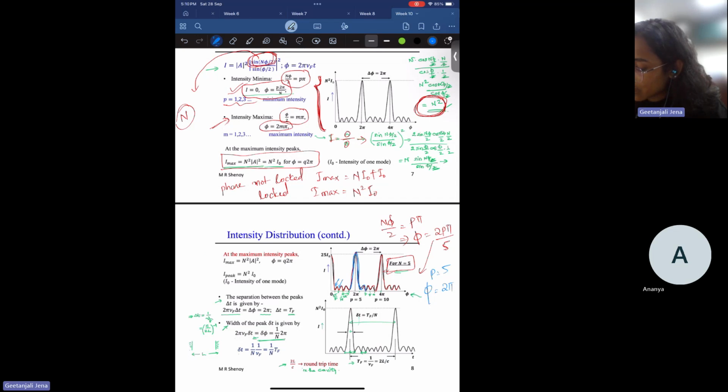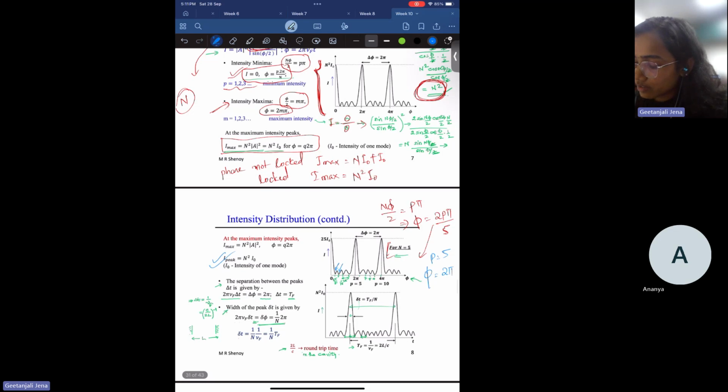Similarly, then we'll see minima, then maxima. You can see the intensity behaves like a pulsed output. And the maximum intensity will be n square times I0, that is 25 times I naught.